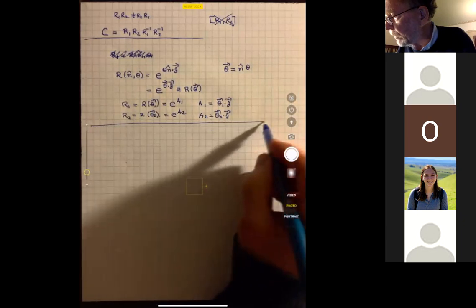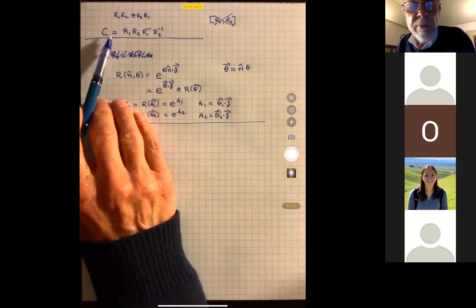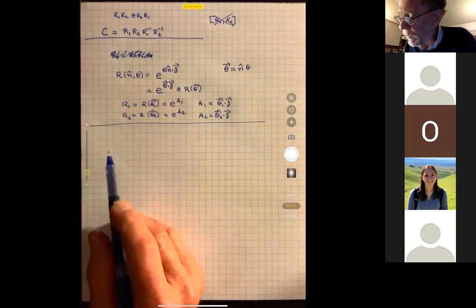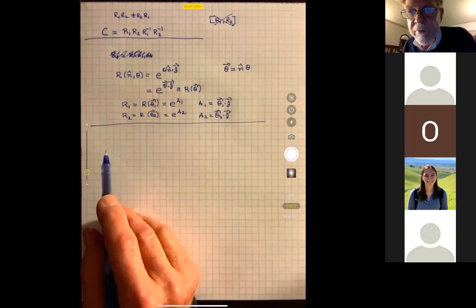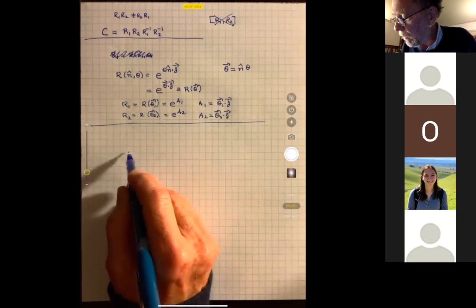Now, let's return to this commutator so defined up here, and let's examine its behavior when the rotations are infinitesimal. I'll tell you what, let me make yet another digression that'll motivate this a little better. If you're designing a spacecraft and you want to be able to orient the spacecraft in certain directions, as you must do, for example, with the space telescope, one of the ways of doing it is to just have a motor inside the spacecraft with a flywheel on it.